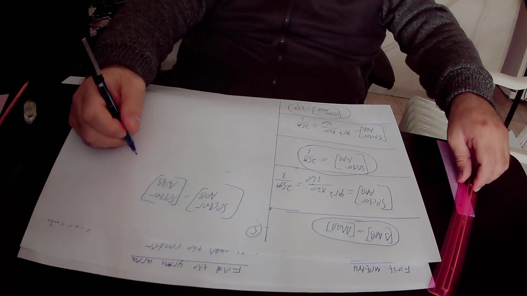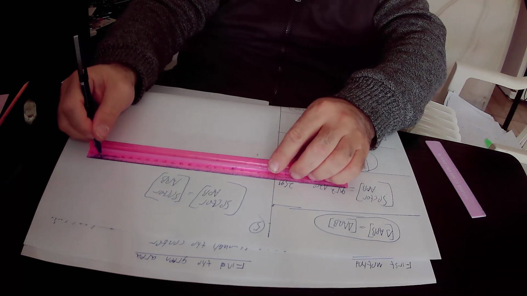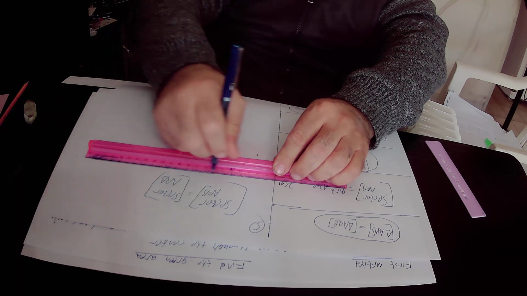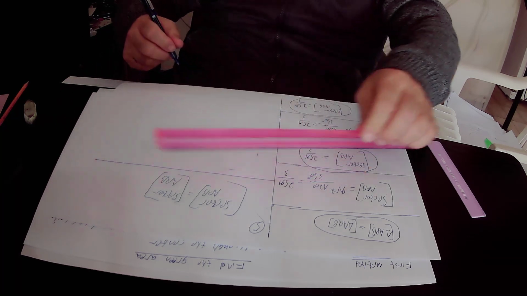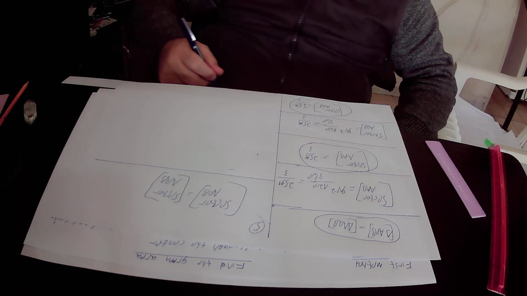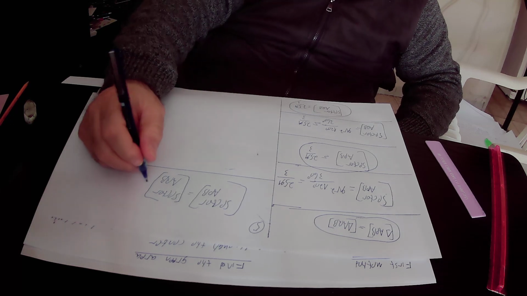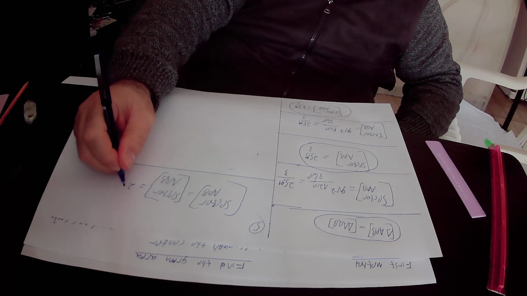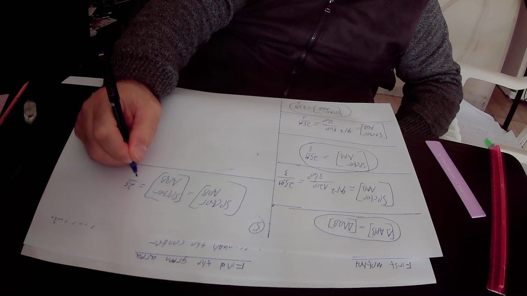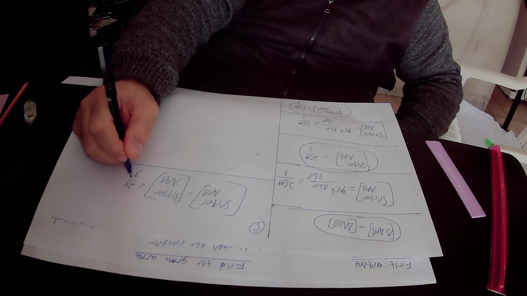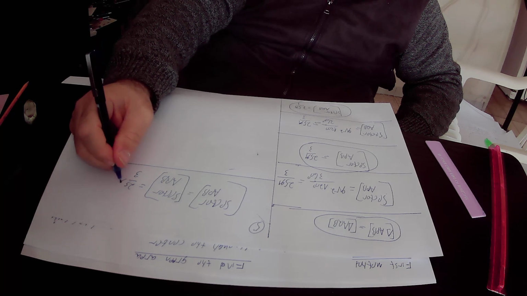And they are equal to 25 pi over 3 square units.